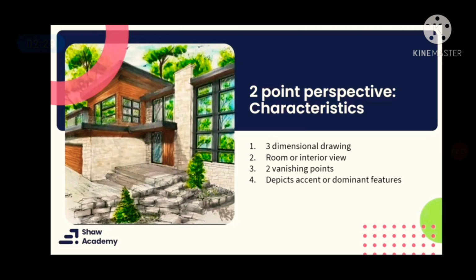They depict accents or dominant features within the space. So, for example, in a bedroom or a study, you may want to show an accent wall or an accent piece of furniture. And this perspective is ideal for very small spaces or small details that you're wanting to show.